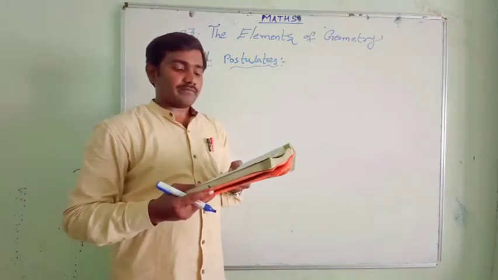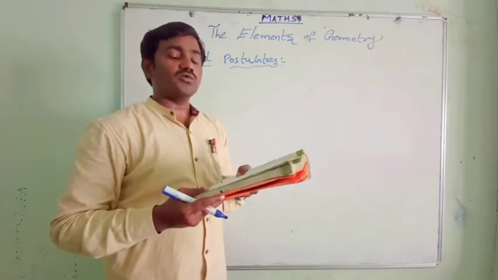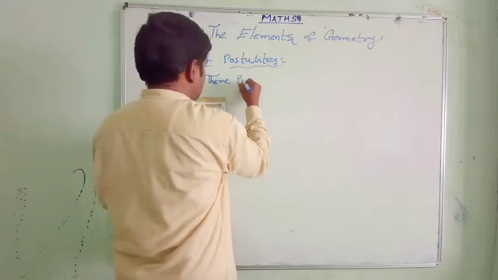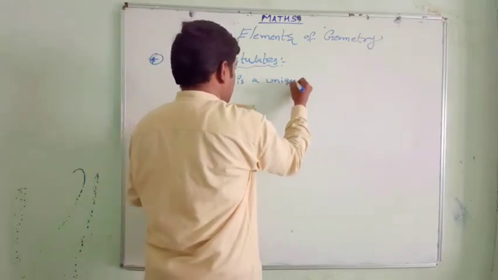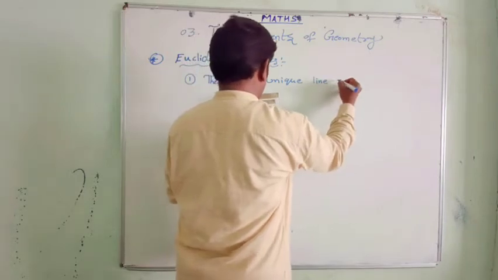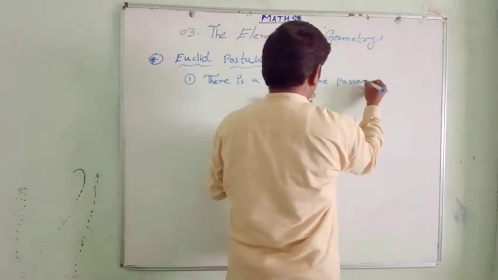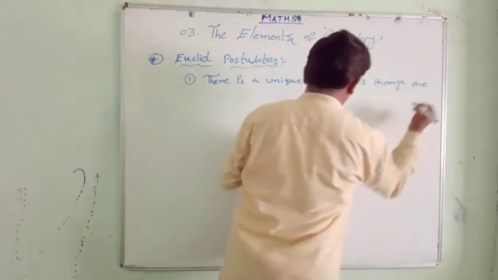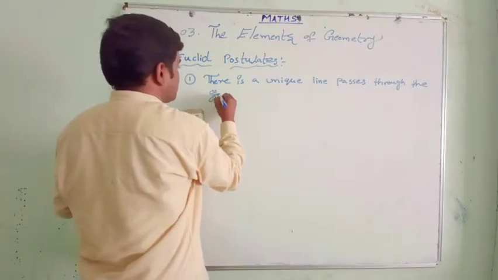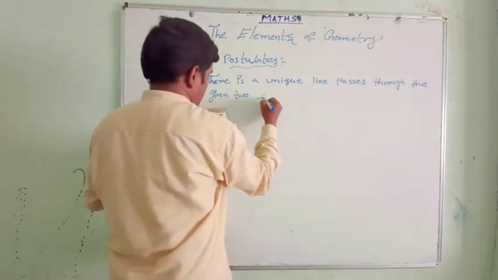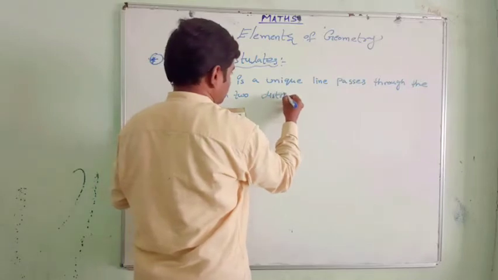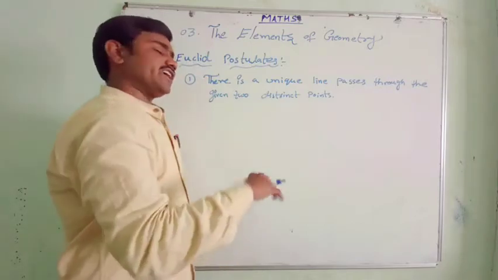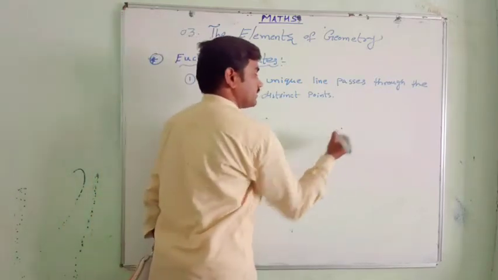There is a unique line that passes through the given two distinct points. You take any 2 points wherever you take them.